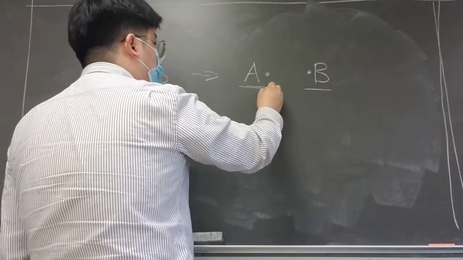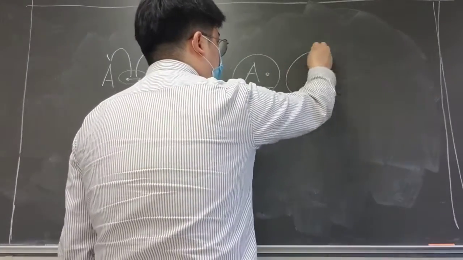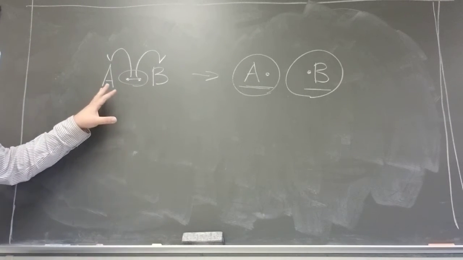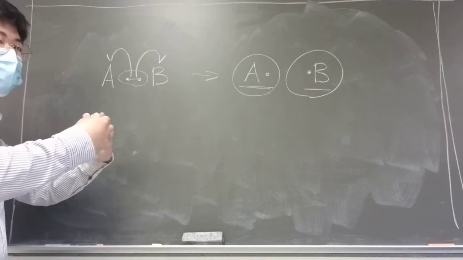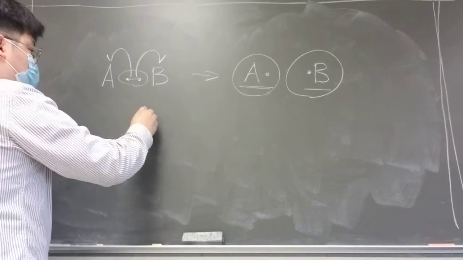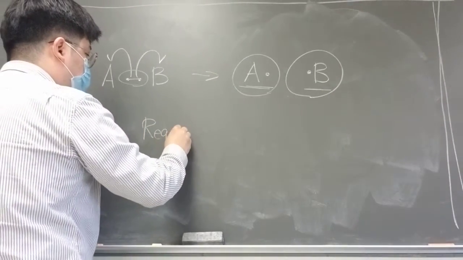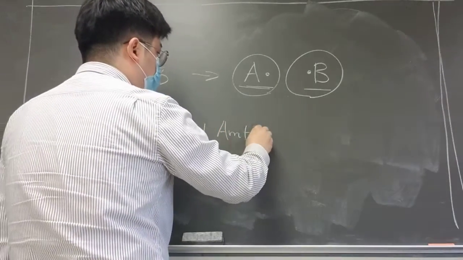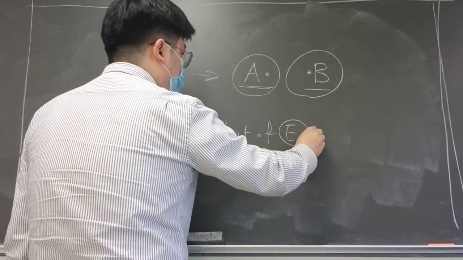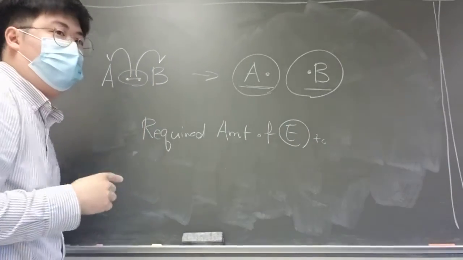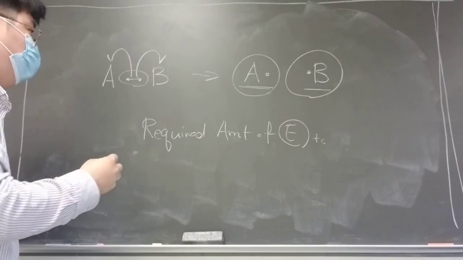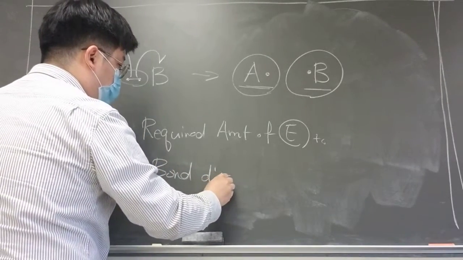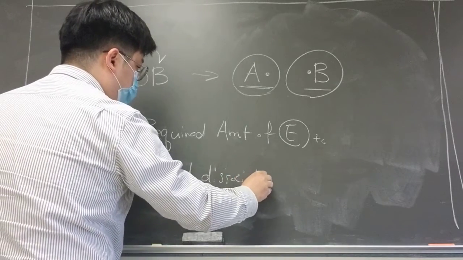If you do see those two radical fragments from this chemical breakage, you're going to need a certain amount of energy to do so. This required amount of energy to break this bond into radical fragments is what we call bond dissociation energy.